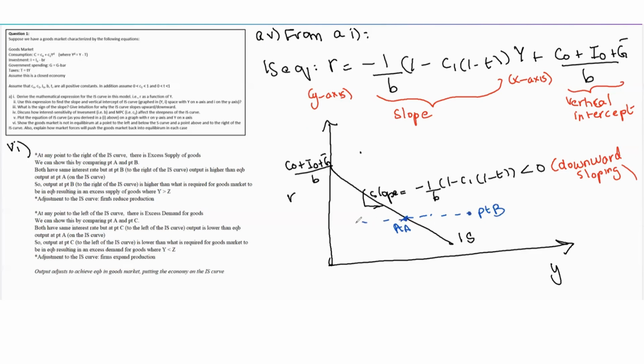They have the same interest rate, but output at point B is higher than output at point A. So output at point B is higher than what is required for the goods market to be in equilibrium, resulting in an excess supply of goods, where output is greater than Z. So we have Y greater than Z, an excess supply of goods.